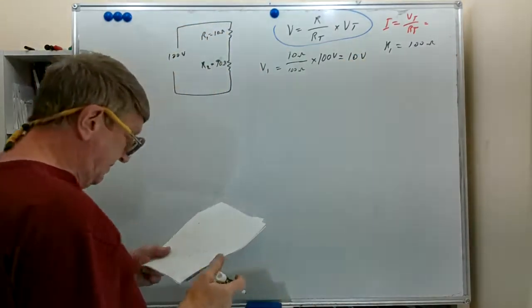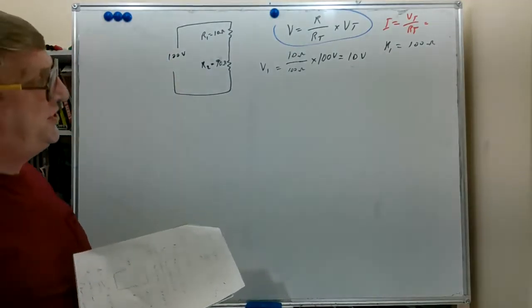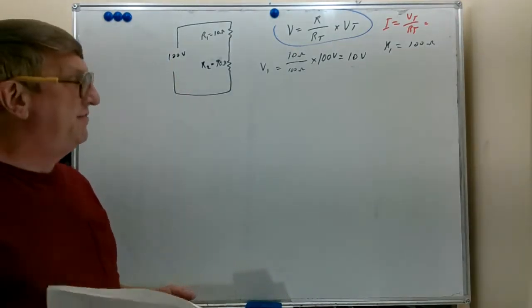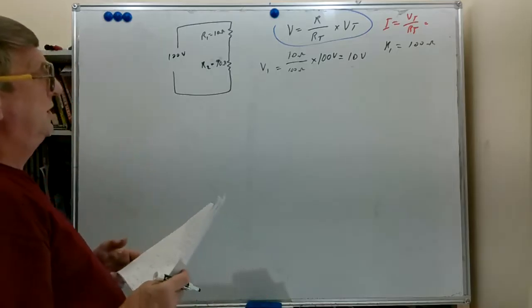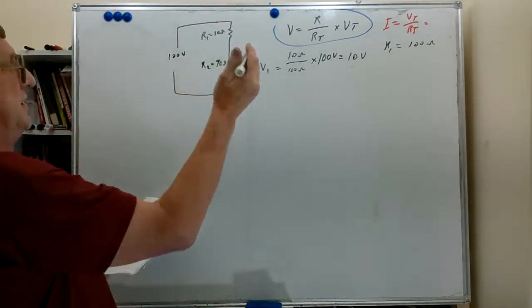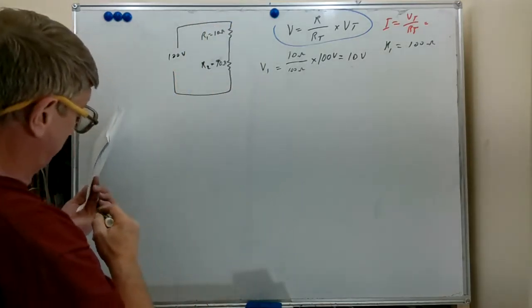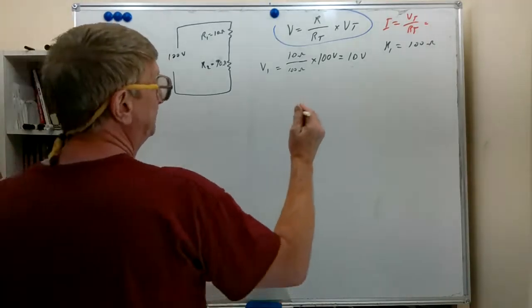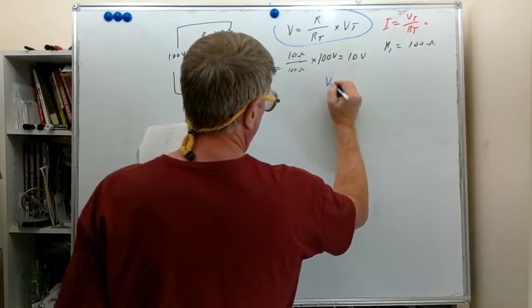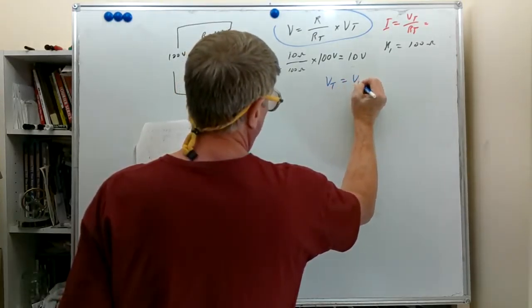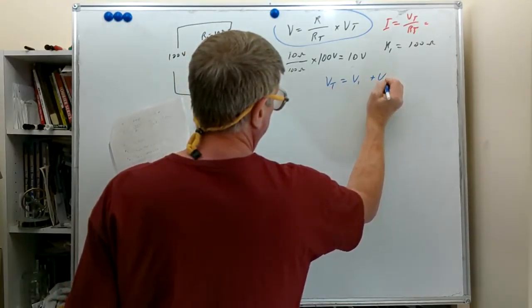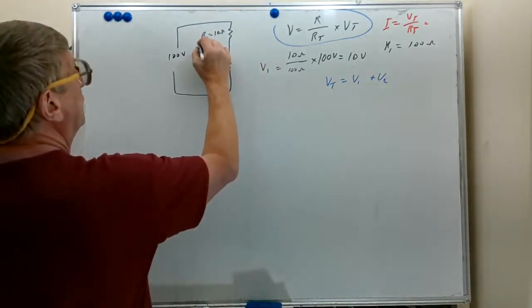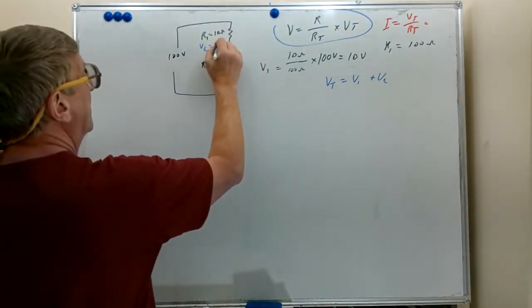Now, we can repeat this to solve for V2, but when we have only two, if we know one, we can use the voltage total formula to find the other. You remember, in this case, the voltage total would be equal to V1 plus V2. We're going to write V1 as 10 volts that we just calculated.